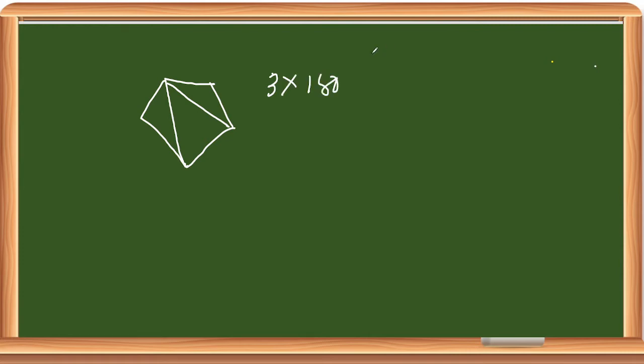So, if it is regular, that means each of the interior angles is, okay, each of the interior angles is what? So, 540, now divide that by 5 because we have 5 interior angles here, no? When we say regular, that means all the angles are congruent, no? So, this is 108 degrees each. Okay.